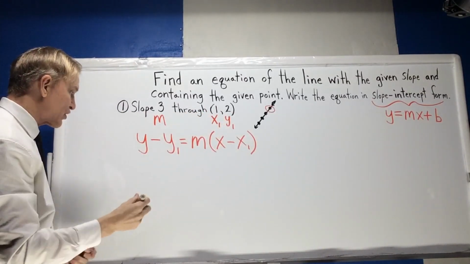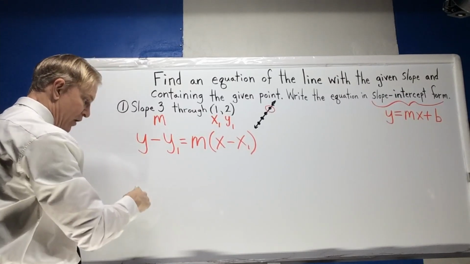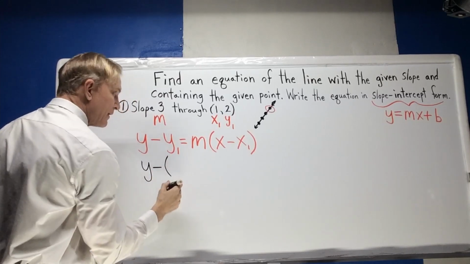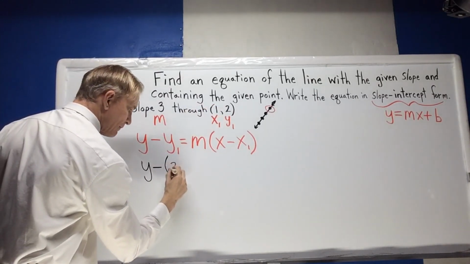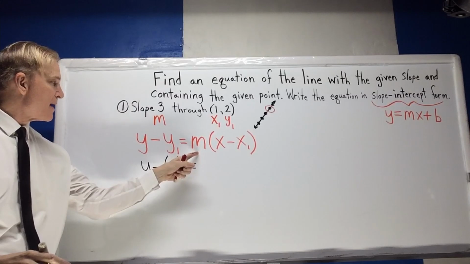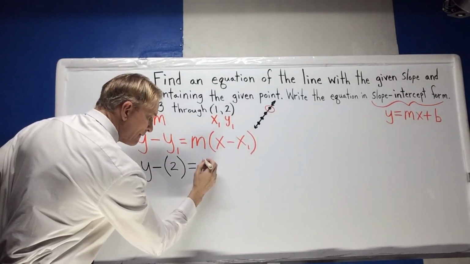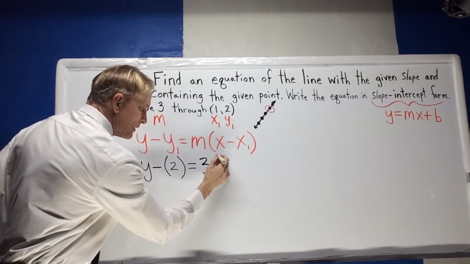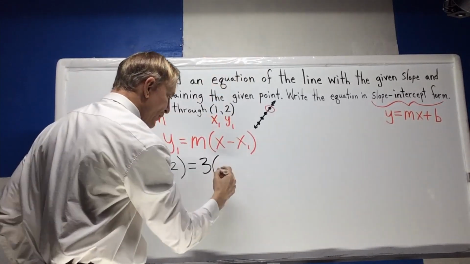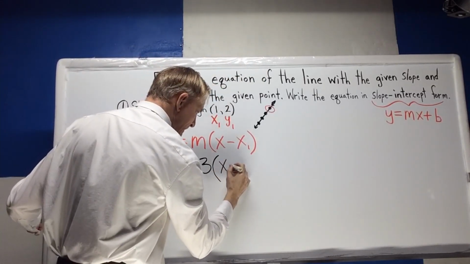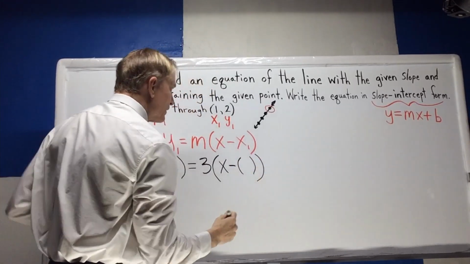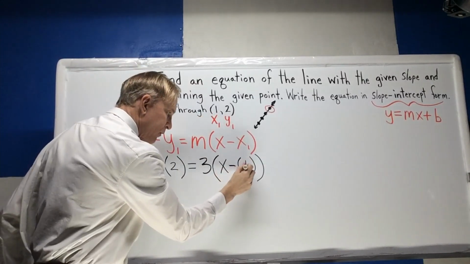So all I have to do now is go through this and follow downward. All right, y minus, and I need y sub 1, which is 2, equals m, which is 3, times x, remember that's x in general, representing all the points on that line, minus x sub 1, which happens to be 1.